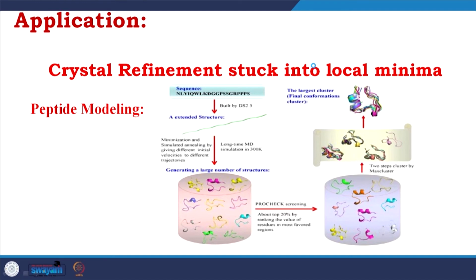So, you have all possible of them and you get the 20%. Now, you do the clustering and you get the largest cluster to be chosen as final conformation peptide. So, in that way simulation based peptide modeling would be used.